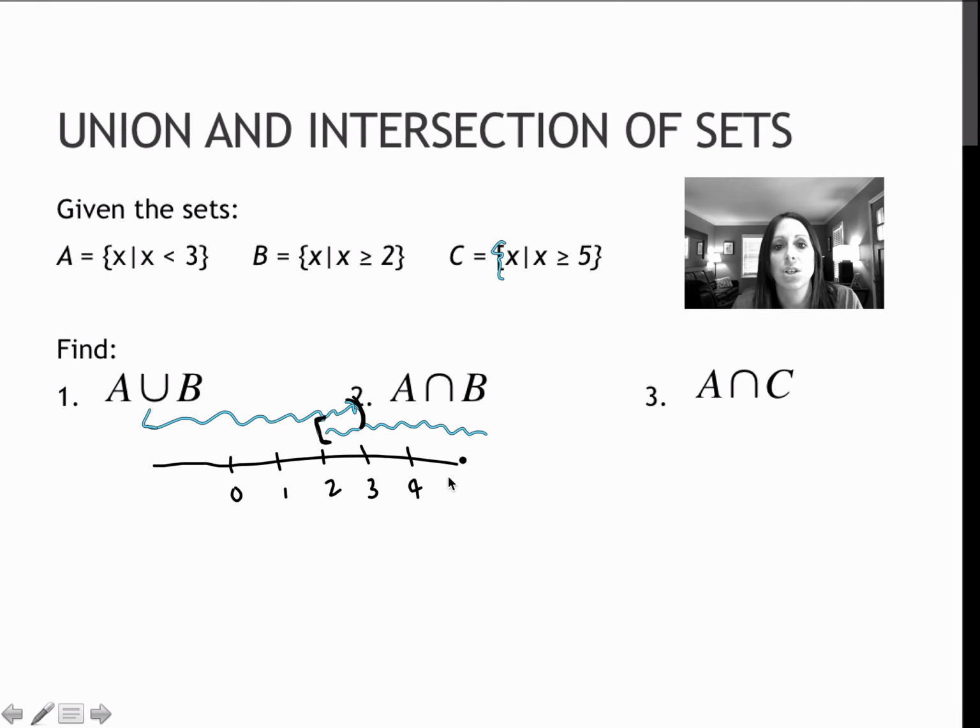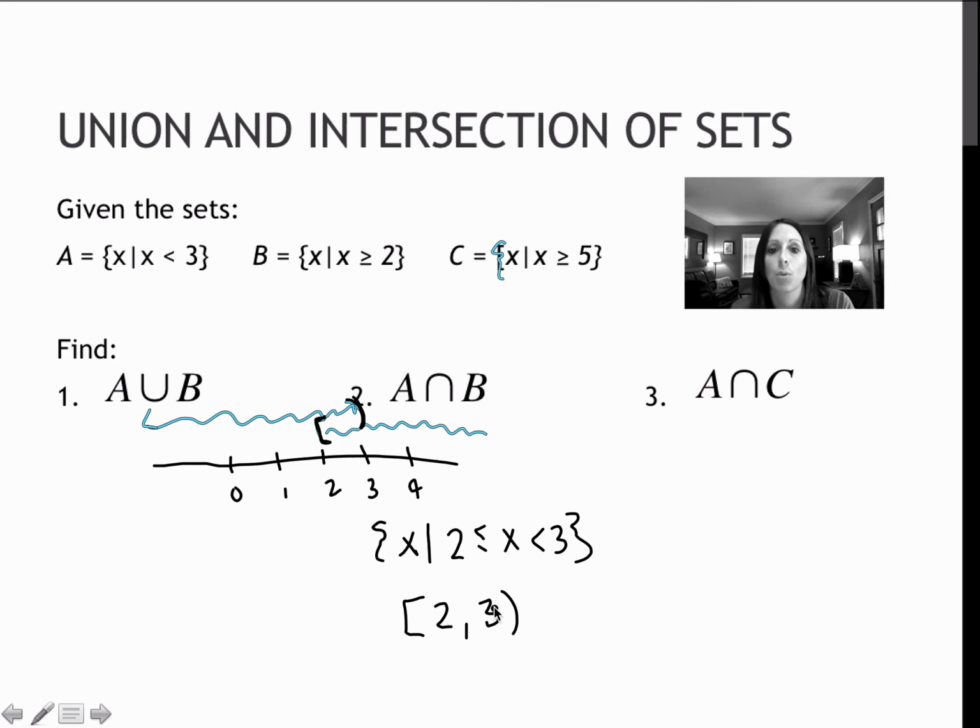So the intersection of sets would be all of the x's such that 2 is less than or equal to x is less than 3. Or if we were writing an interval notation, that would be 2, 3, 2 is closed bracket, and 3 is open. Now that's the intersection.